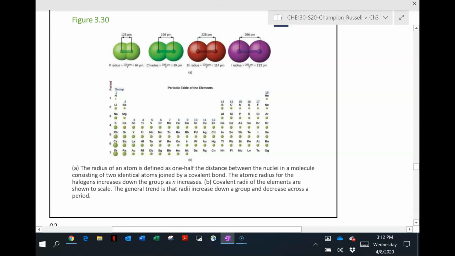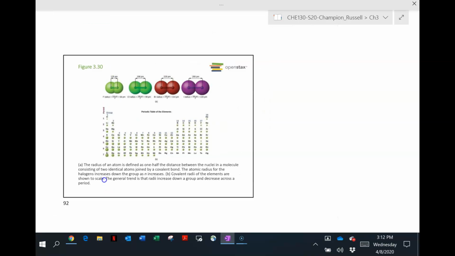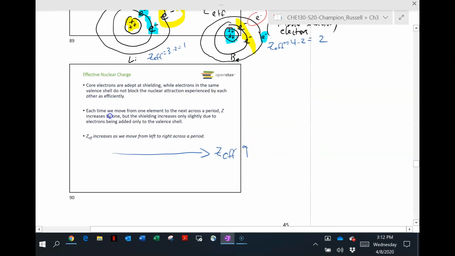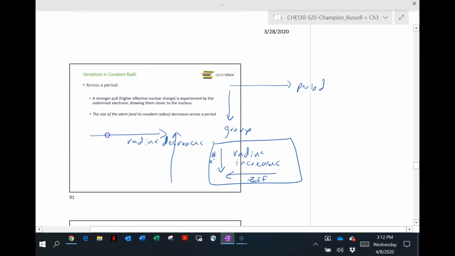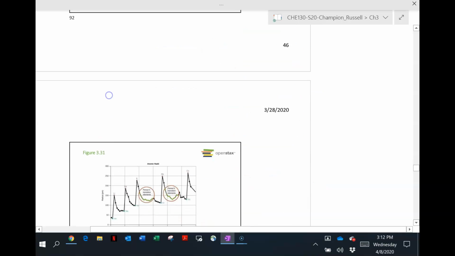And I just want to clarify, if you're ever asked on a question or an exam to make a prediction of one of these periodic trends, you're not being asked to look them up from some resource and figure out what they are. What you're being asked is to use the concept of the trend in the periodic table to make a prediction. That's a different thing. So be sure you understand that.